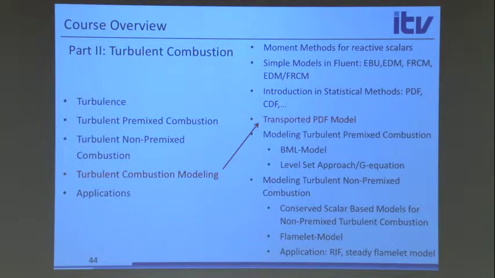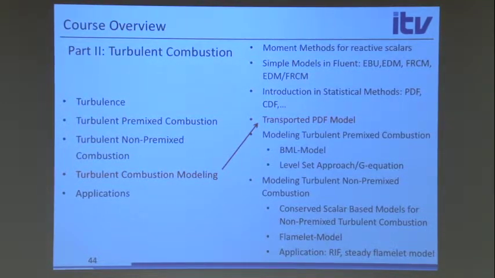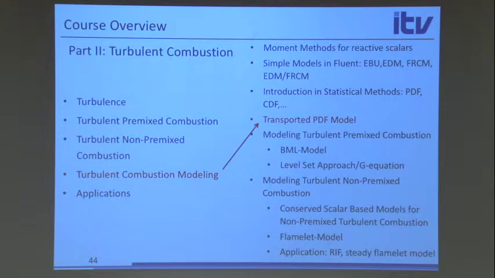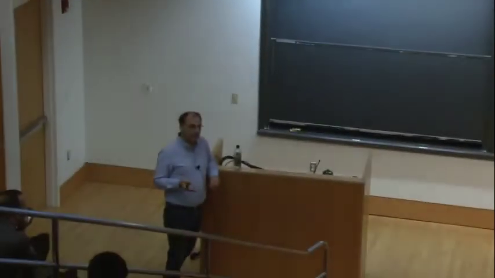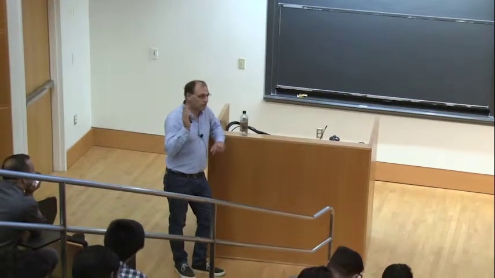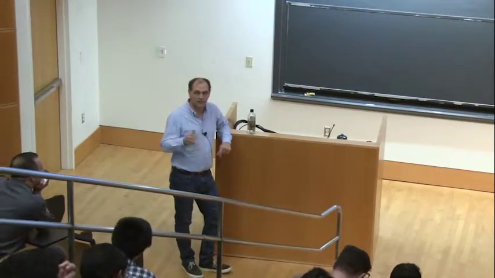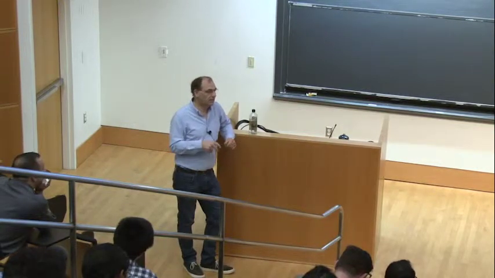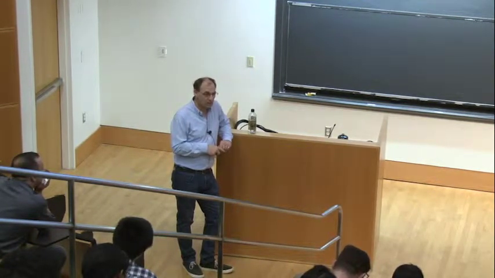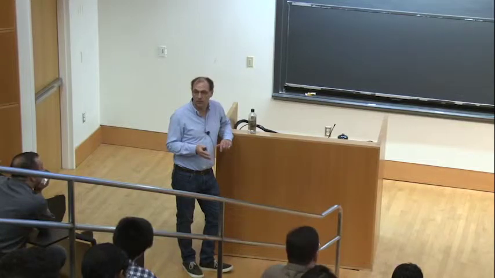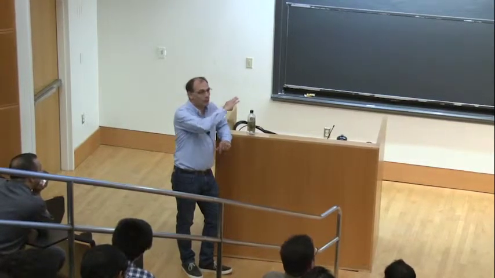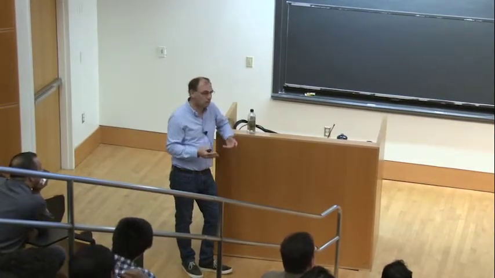We said if you know the joint PDF of all scalars that we have, then the problem is solved. Then you can evaluate any correlations, the mean of the source term, and all of this. One idea to proceed would be to derive an equation for that function and solve it.